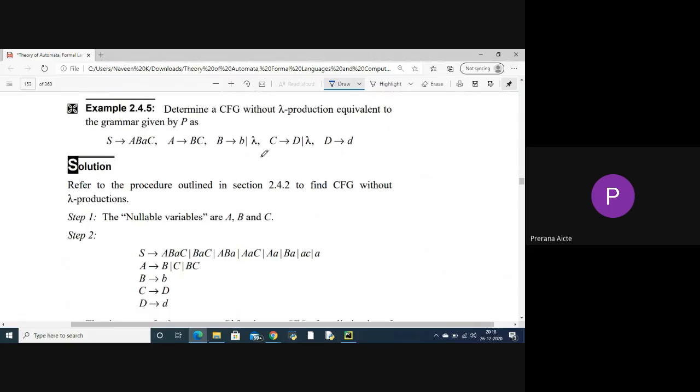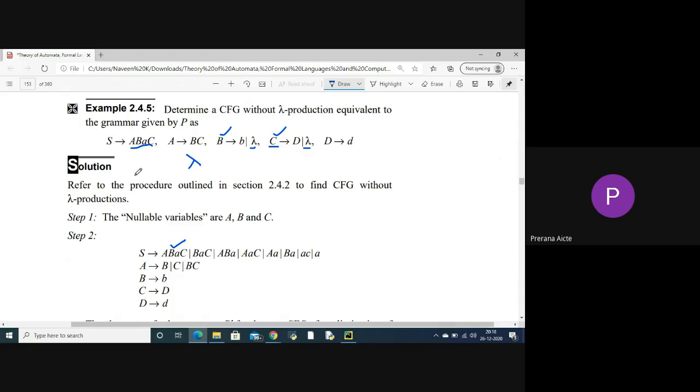Here, the elimination of epsilon productions: we have epsilons in capital B and capital C. So S tends to ABAC. If I place epsilon, actually B tends to epsilon and C tends to epsilon, so A tends to epsilon also.